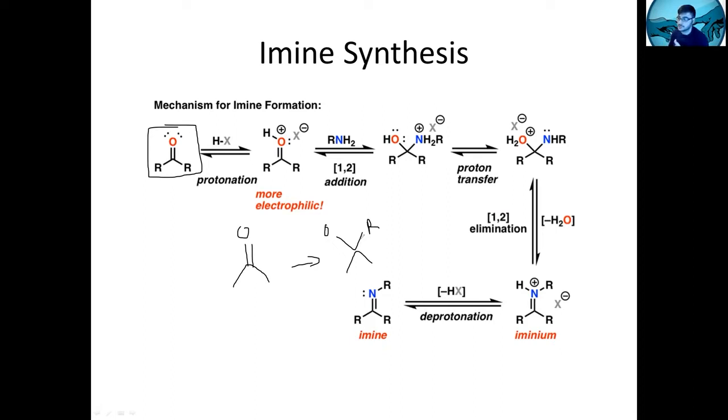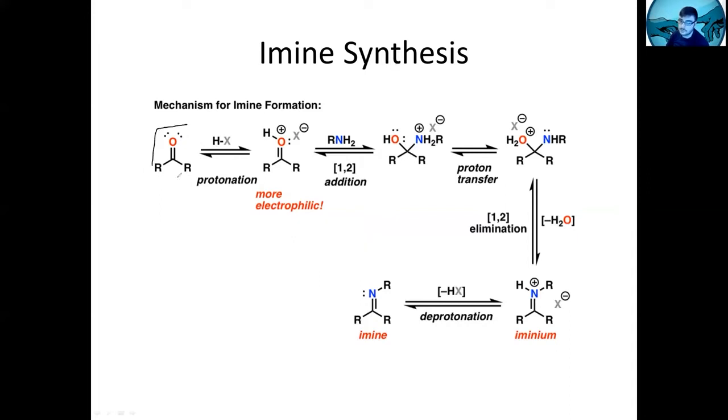So we call this the tetrahedral intermediate, right? Remember, the way this works is this goes like here. So you get an O negative, and then a C. This C right here is a positive, and then something negative will attack the positive carbon, and it'll form the tetrahedral intermediate, and then this O will get an H, which will cancel out the negative.